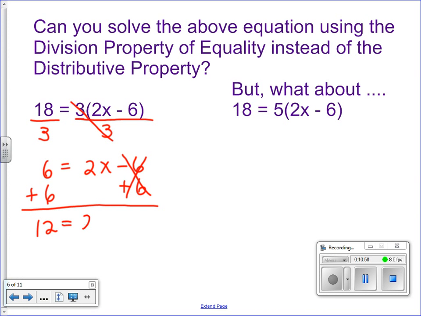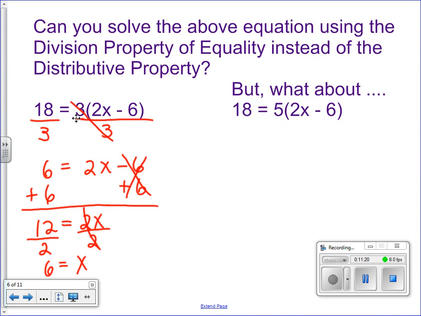And on the right side, I'm just left with 2x. Dividing by 2 to undo the multiplication, I get 12 divided by 2 is 6. My 2 over 2 cancels out, and I have x equals 6. Same answer that we got to the problem when we use the distributive property.